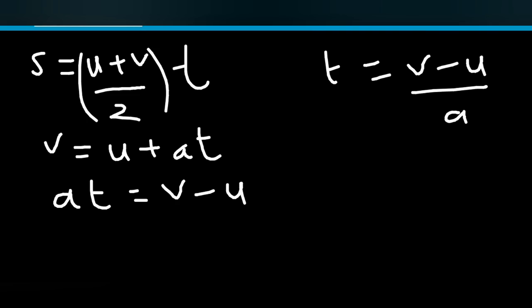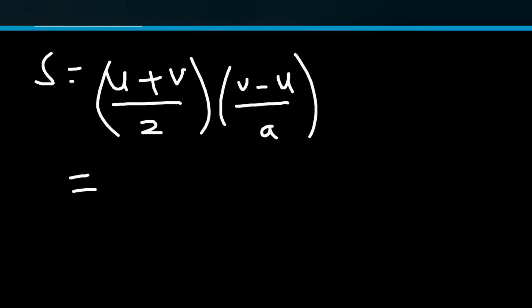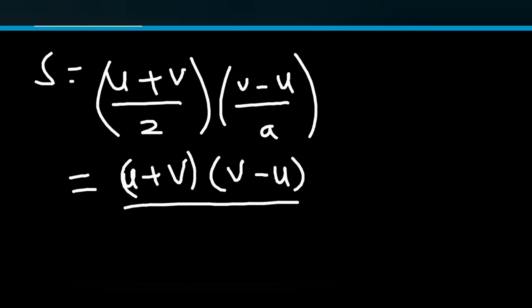Now we shall substitute for t in s as follows, so that we have s equals (u plus v) divided by 2 multiplied by (v minus u) divided by a. And if we open up the bracket, we shall have s equals (u plus v) multiplied by (v minus u) for the numerator, divided by 2a.